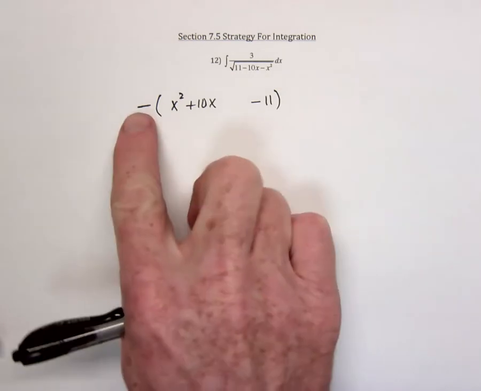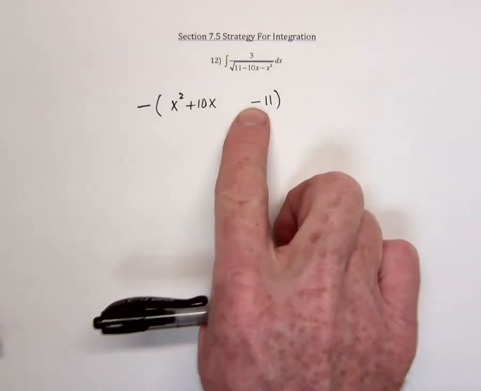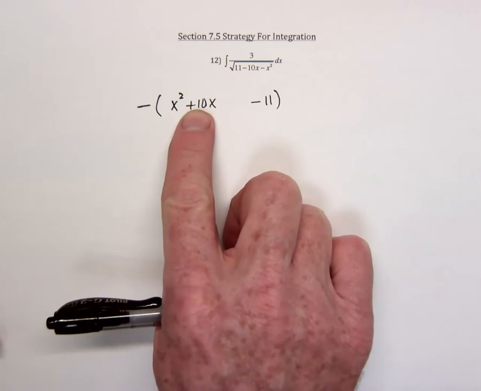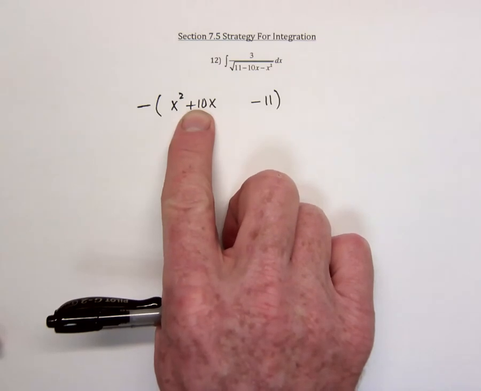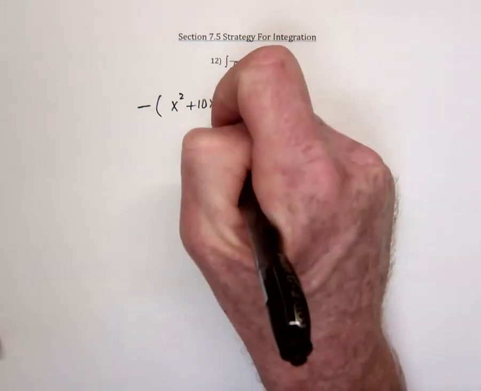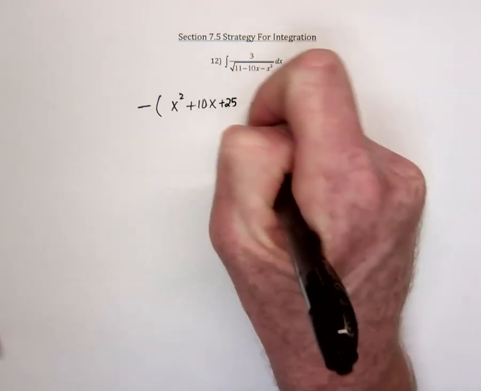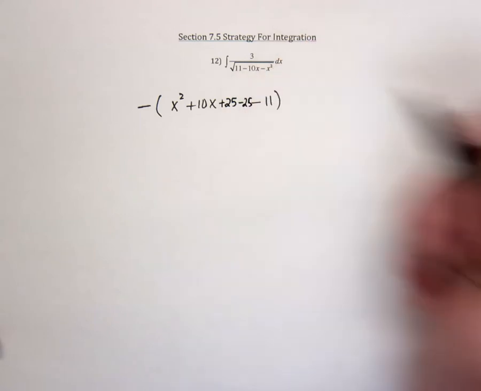And don't forget that I factored out a negative, so this needs to be negative 11. Then, to complete the square, you take the b term, cut it in half, and square it. So if you cut it in half, it's a 5. Square it, it's a 25. So we need to add 25 in and subtract 25 right back out.